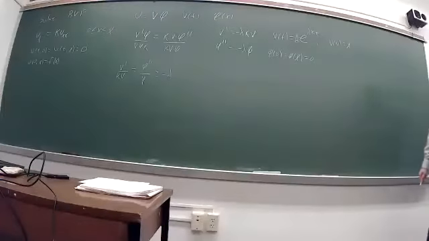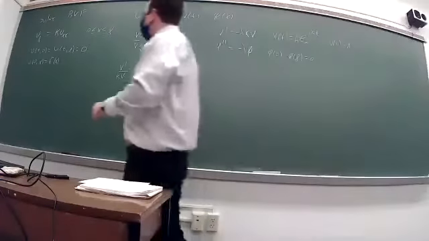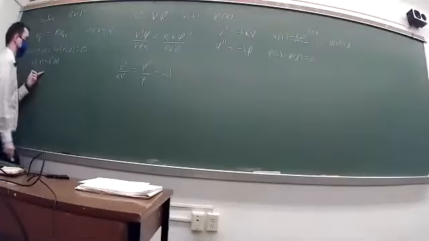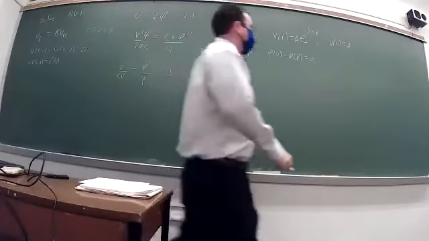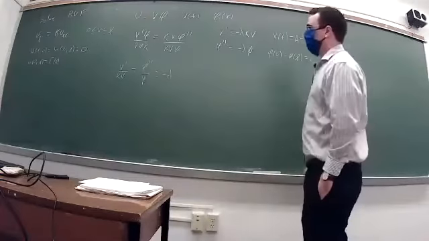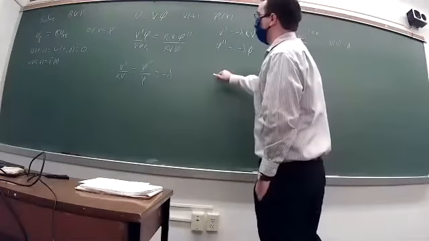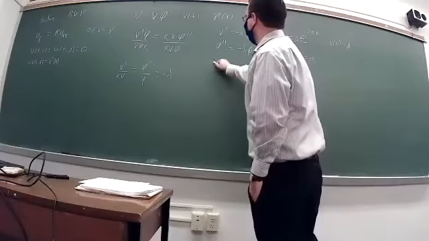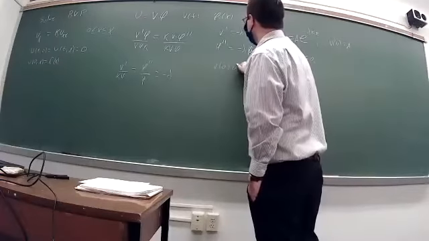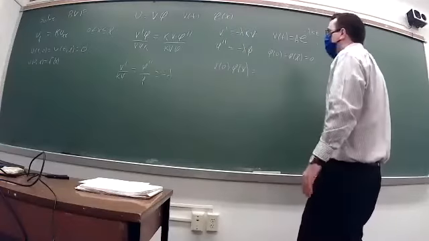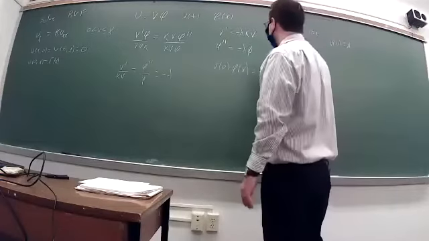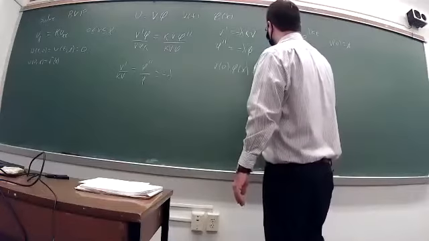equals A. But actually, hold up a second, because don't we have another initial condition? Don't we have u(0, x) equals f of x? So let's write that down. And if you do that, you get what? v of 0 phi of x equals f of x.